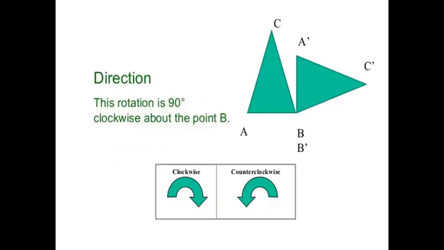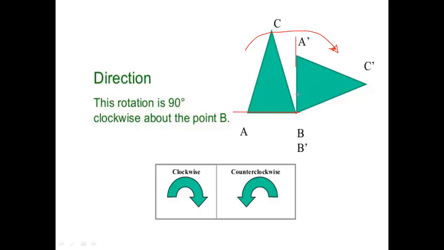As you can see in here, the direction could be, as I have mentioned, clockwise or counterclockwise. In this example, the turning point, or the fixed point, or the center of rotation is letter B, this point in here, and it rotates 90 degrees clockwise.